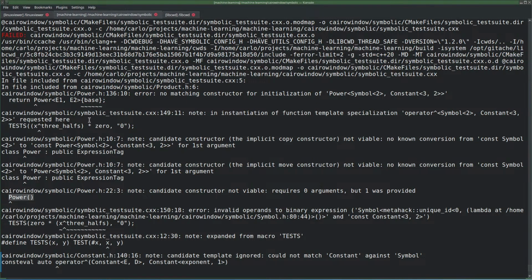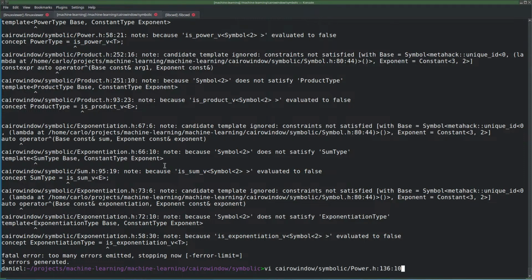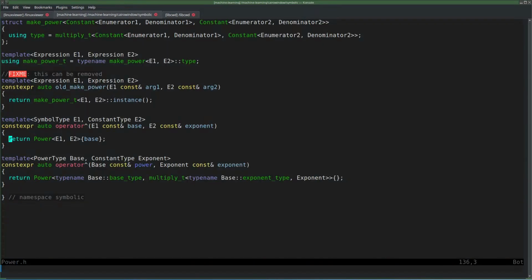It's the whole thing. It should never have passed a base in the first place. We no longer do bases here. E1 is the base. No, I just want the type and then instance. Same thing here. Power is the type, blah blah blah blah.